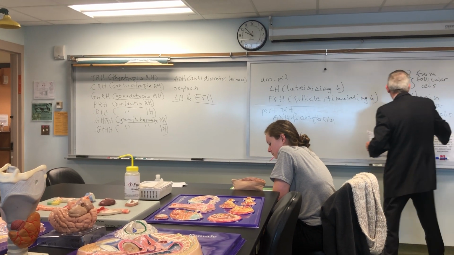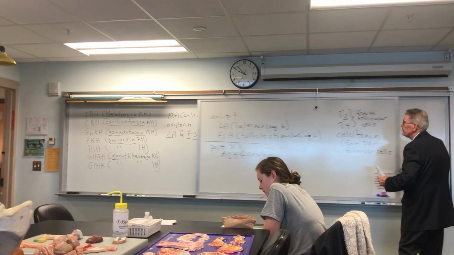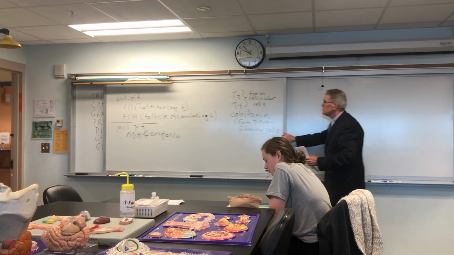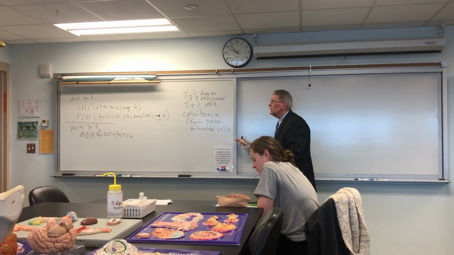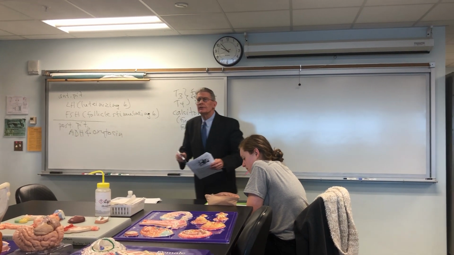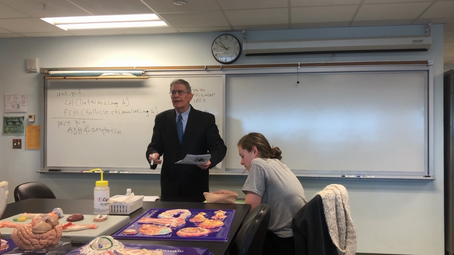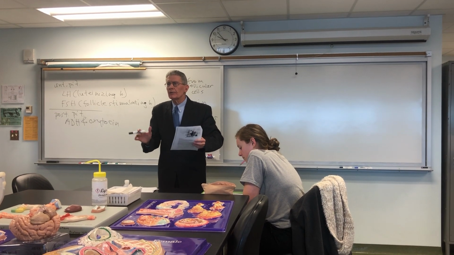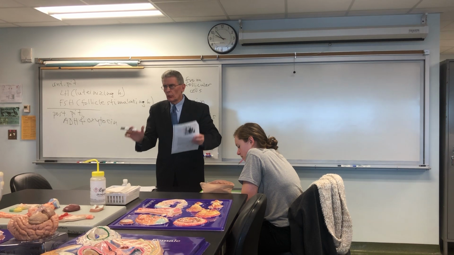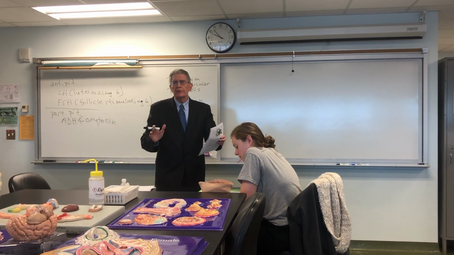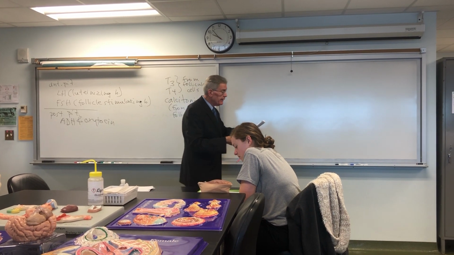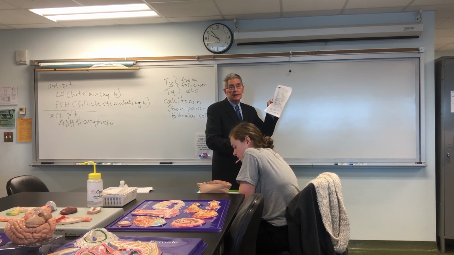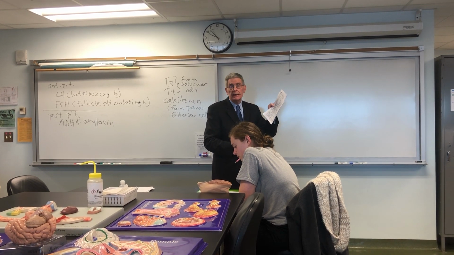Pancreas. On to pancreas. Most of the pancreas is not endocrine. I would say 95% of pancreas cells do not produce hormones. But what about the 5% that do? They're clustered together in what are called islets of Langerhans, also known as pancreatic islets.